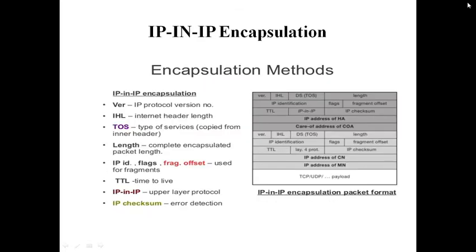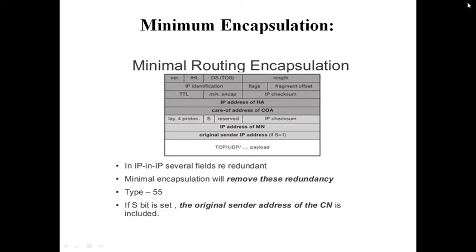The same version, IHL, DS, TOS, all those fields are again mentioned at the lower side of the packet, meaning the fields are redundant. Here no field is redundant. So the fragmentation option or DS, TOS, all these are not required in minimum encapsulation. Those are optional.